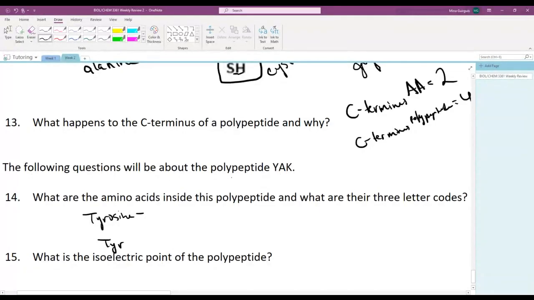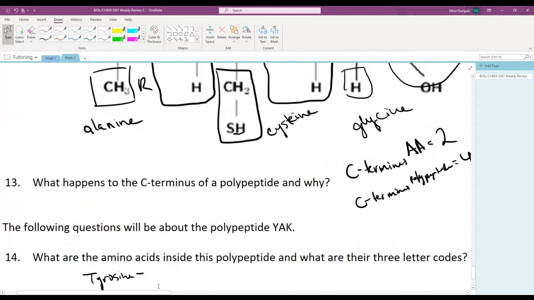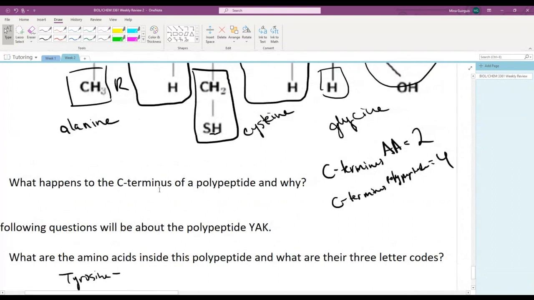Sorry, what's the answer to 13? So the answer to 13, yes, let me go back to that, because we talked about it, we never really answered the question directly. The C-terminus of a polypeptide, pKa increases from 2 to 4. So the C-terminus of an amino acid has a pKa about 2.